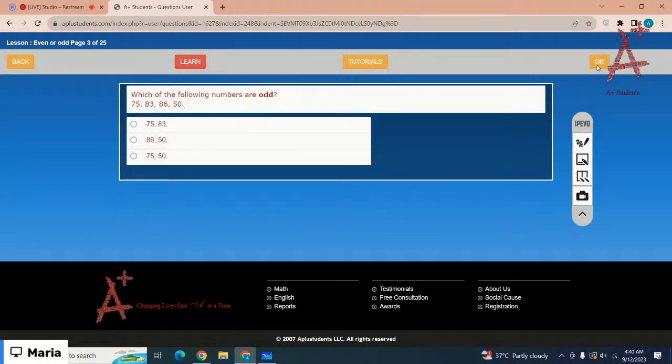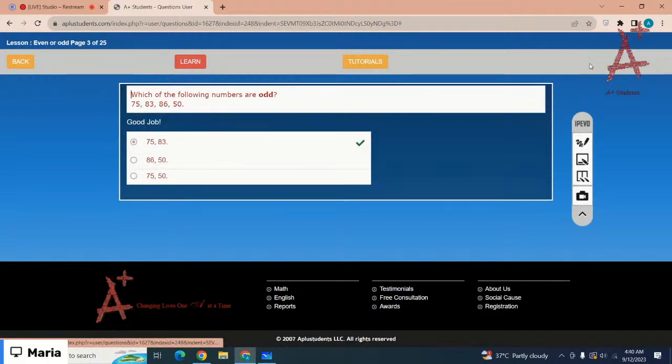Which of the following numbers are odd? Which number is odd? 75 and 83 are the odd numbers.